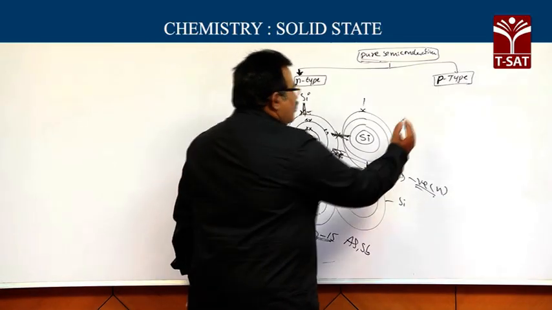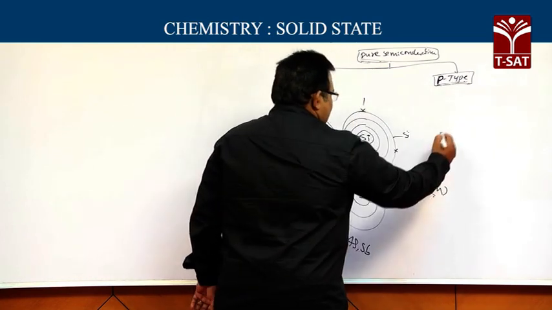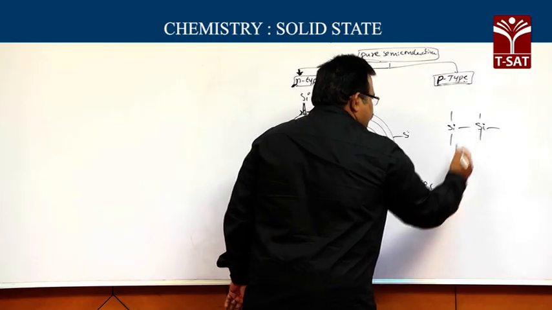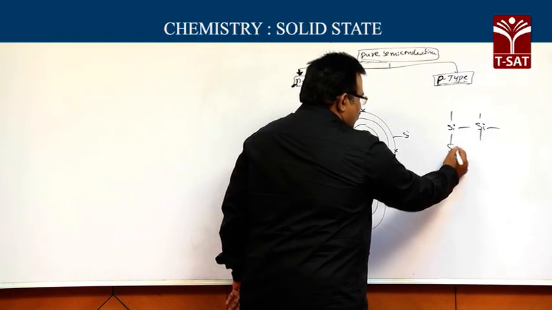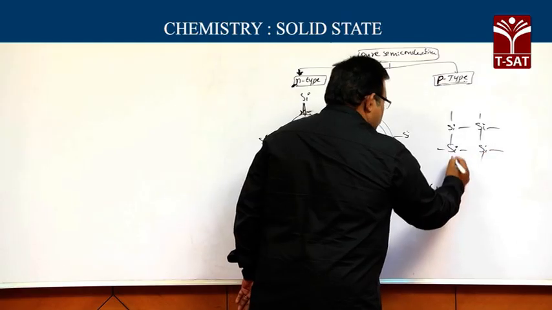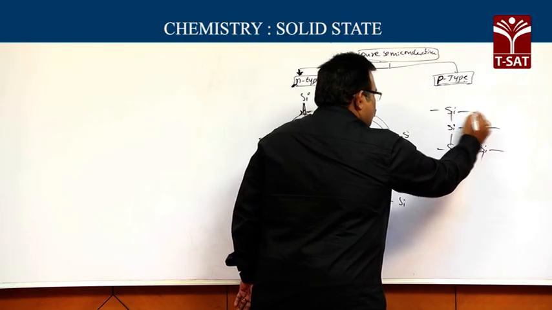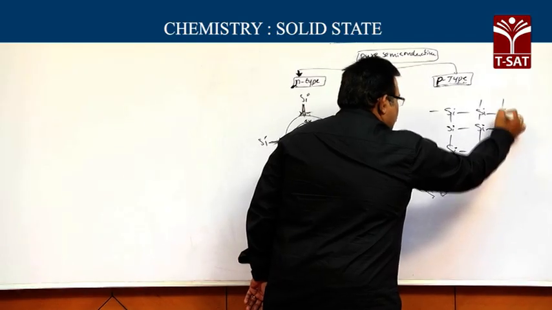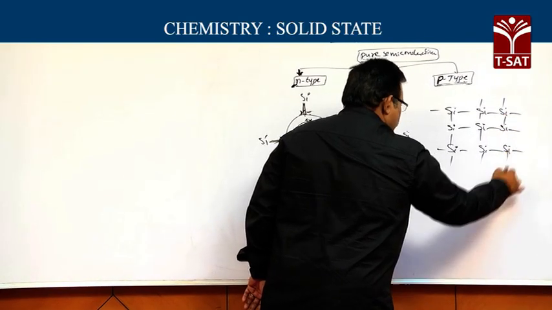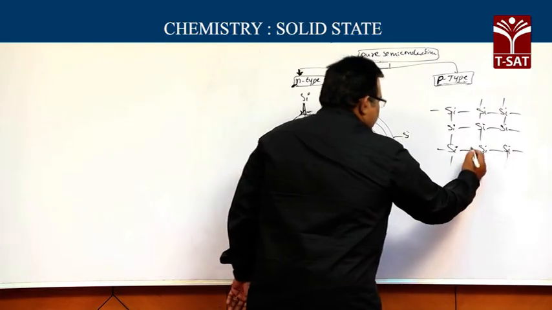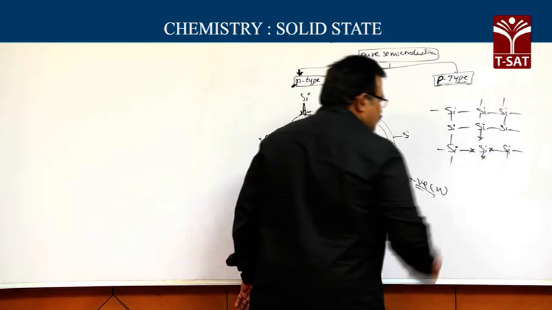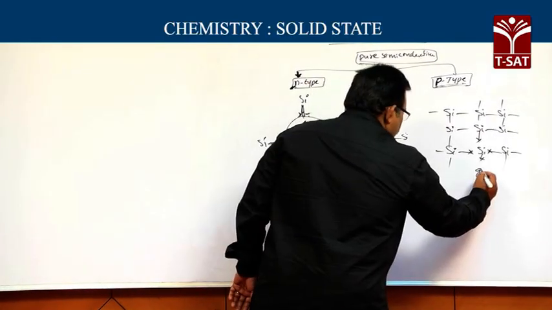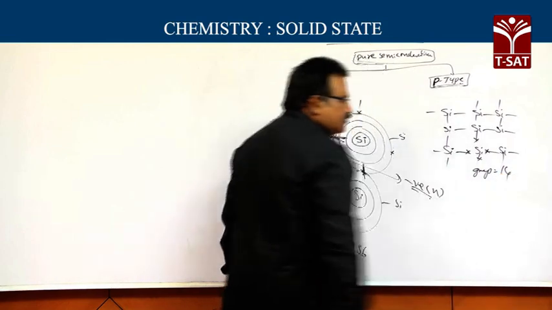P-type semiconductors, how they are formed, let us see. Silicon atom, silicon atom, silicon atom, like this. A number of silicon atoms in the pure semiconductor, each having 4 valence electrons. Now, silicon belongs to group 14.